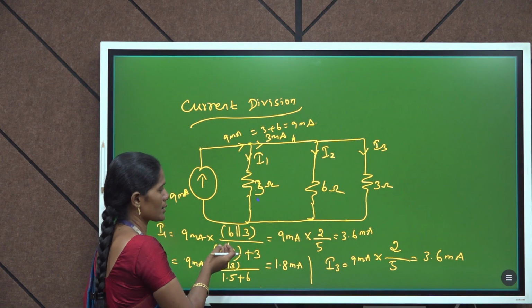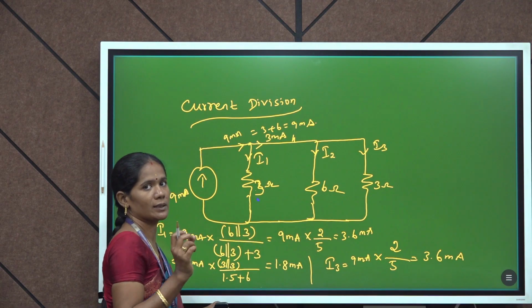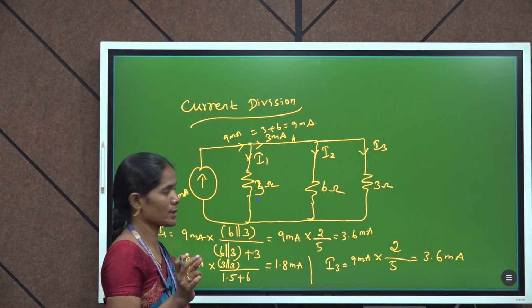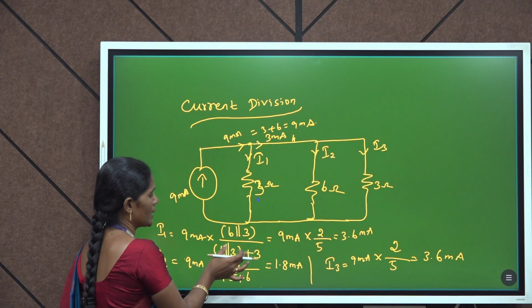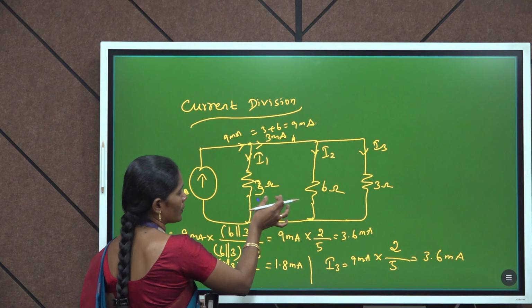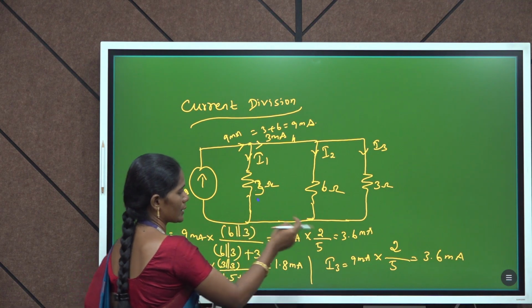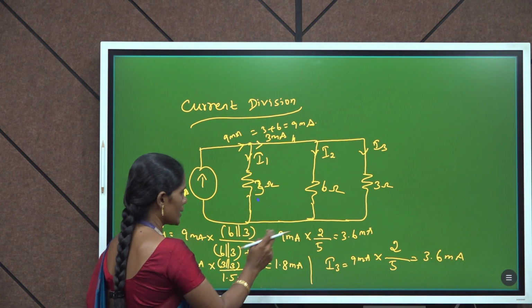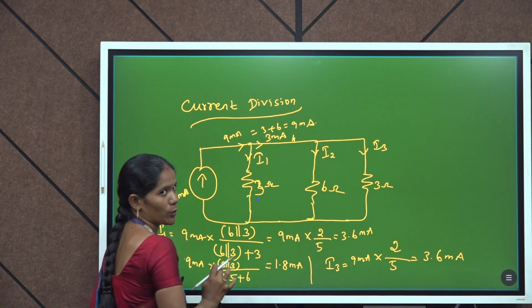That opposite resistance is 6 ohm parallel with 3 ohm, which acts as the opposite resistance of the 3 ohm resistance. 6 parallel 3 gives 2 ohm. This 2 ohm added to the 3 ohm resistance here is 5 ohm, right.